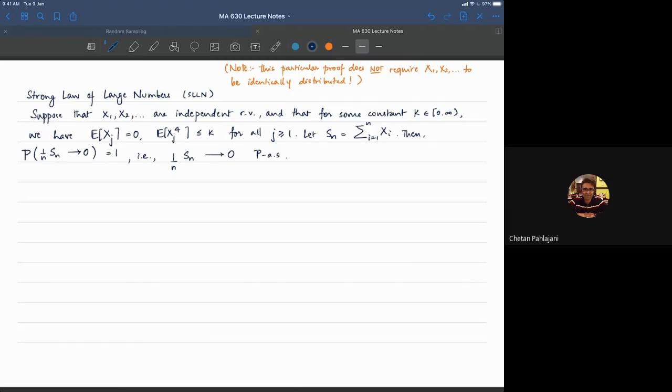Now why should it go to 0? Remember, what you saw in these laws of large numbers is that it should go to the mean. In this case, the mean of each of the random variables is taken to be 0. It's a strong law of large numbers because this convergence is going to happen P almost surely. Any questions with the statement? Of course, I don't expect you to know what the proof is. That's something we want to do, but any questions with the statement?